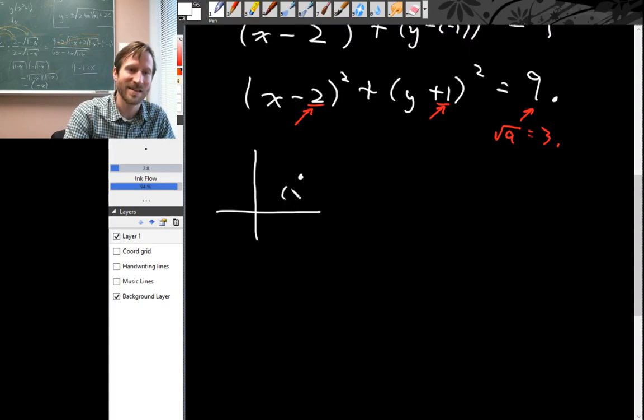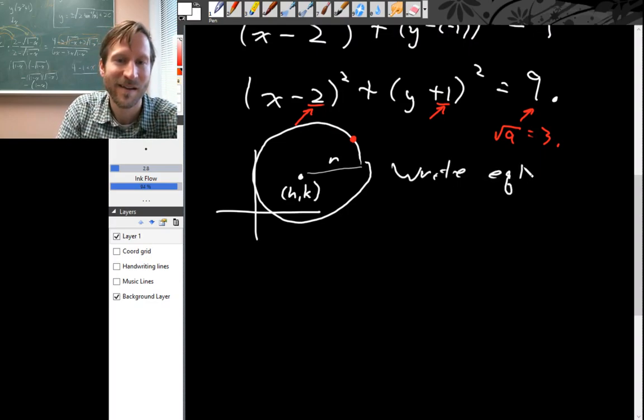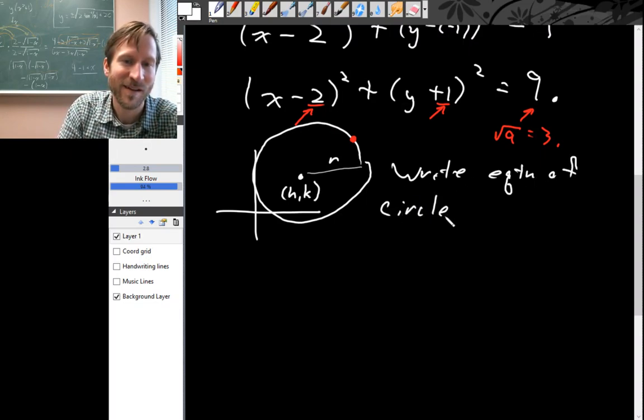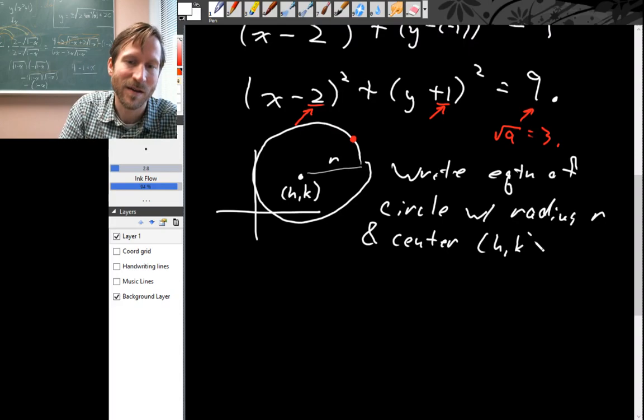So let's say that the center of our circle was (h, k) and the radius was r. We could play the same game of having a point, and we're going to write the equation of the circle with radius r and center (h, k).